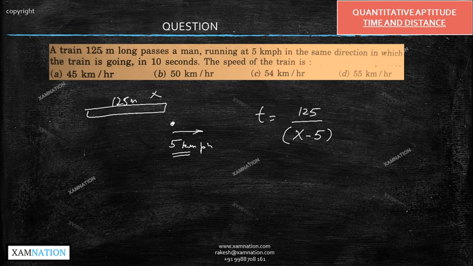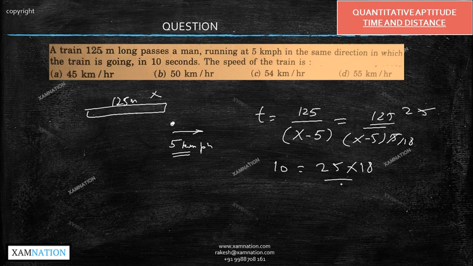So how are we going to do this? We are going to multiply by 5 upon 18, right? So that will come to 125 equals (x minus 5) times 5 upon 18. Fine. T is 10. So 125 is 25, so 25 into 18 upon 10. Fine. So x minus 5 is 25 into 18 upon 10.